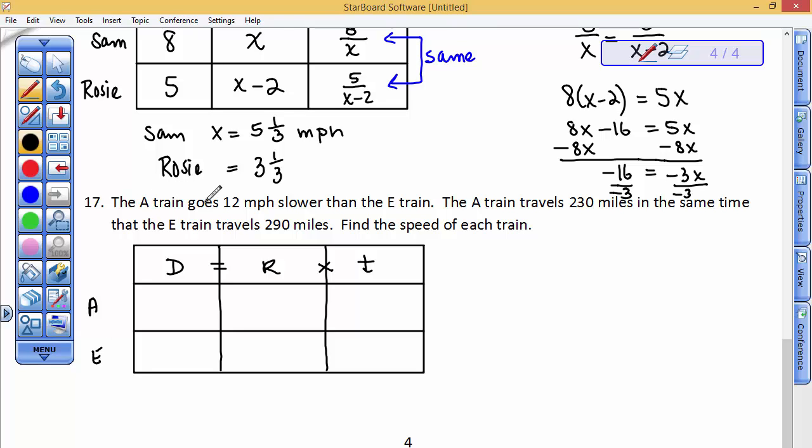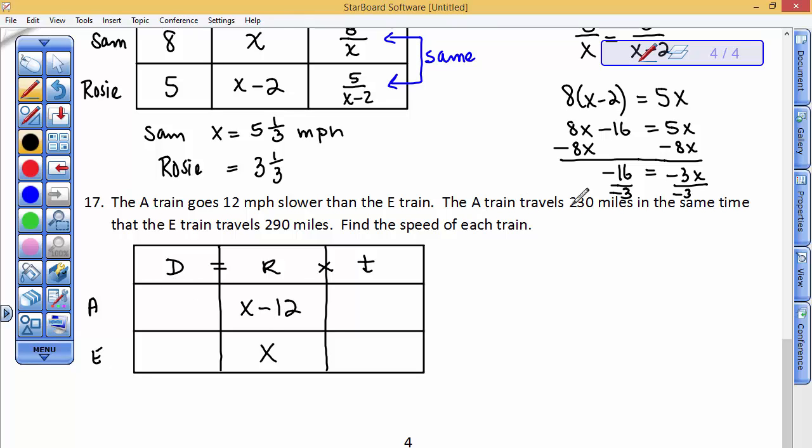And the A train goes 12 miles per hour slower than the E train. Again, we want to find the speed of each train, so we want to put x's here. We compare the A train to the E train, that means we put the x here, because the A goes 12 miles per hour slower than that one, so x minus 12.